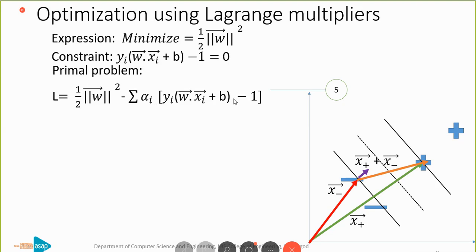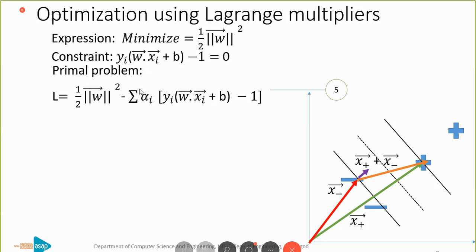You multiply the constraint with a Lagrange multiplier, alpha i. The summation will add all the constraints by multiplying them with the Lagrange multiplier alpha i. This is our expression now. This term we have to minimize, and we have kept our constraint over here.